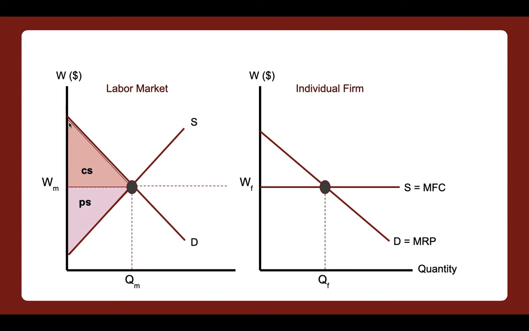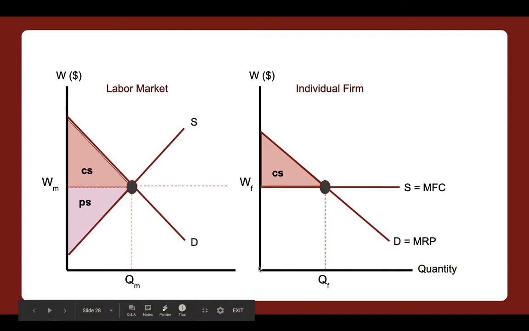Consumer surplus falls along the demand curve, and producer surplus falls along the supply curve. In the individual firm's graph, we also have consumer surplus because they are the consumers. They're buying labor all the way up to this point. And then this rectangular area here, we have wage and we have our quantity of labor.